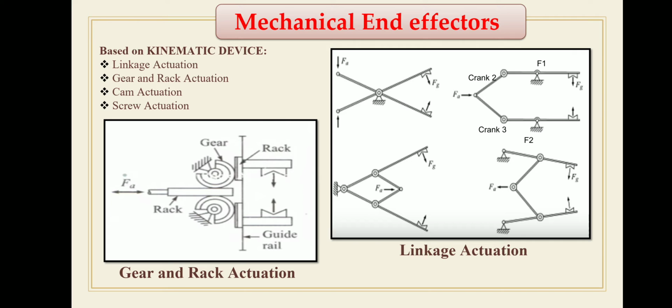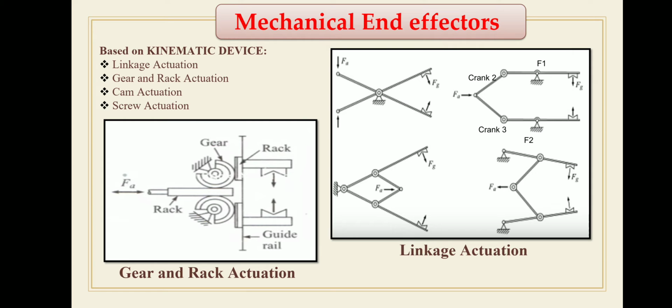The rack may be attached to a piston device or some other means of drive which makes the rack move linearly. The pinions, or gears, are meshed with the rack, which makes the gears rotate.